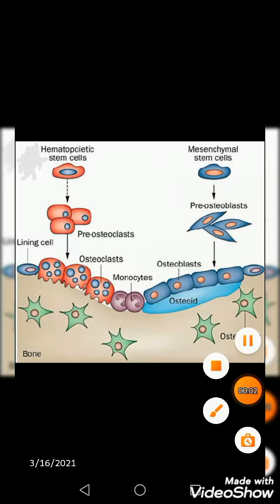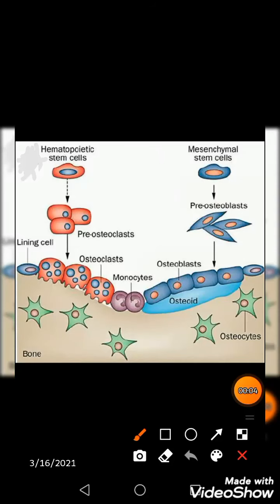Now something about the bony matrix. This bony matrix consists of organic substances and inorganic substances. And organic substances include the collagen fibers, mainly type 1 collagen, and the others are glycosaminoglycans and glycoproteins.